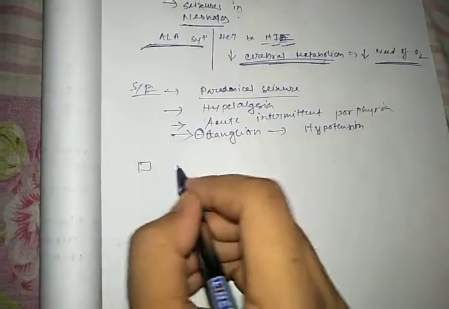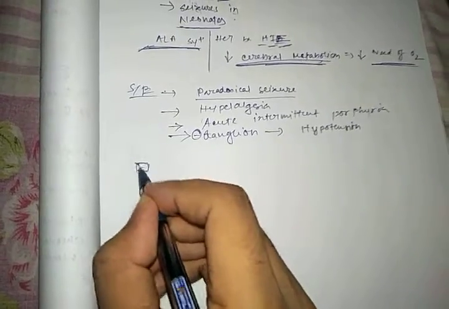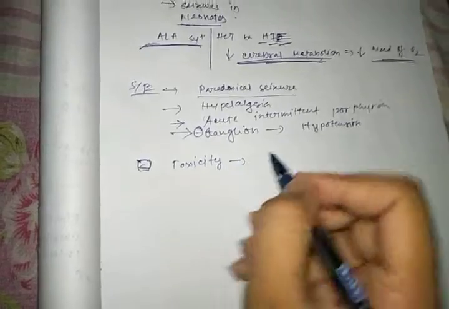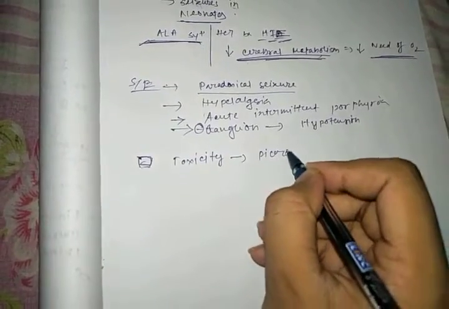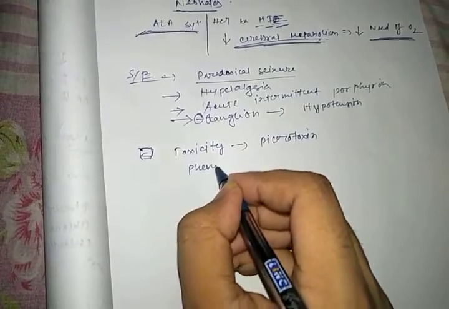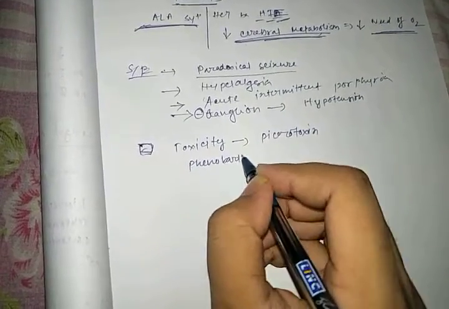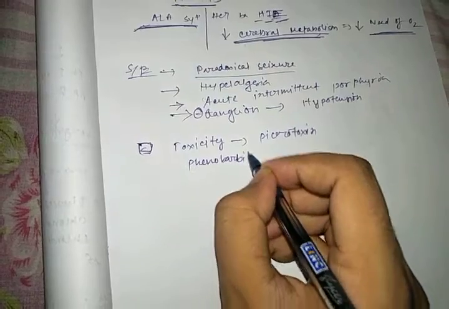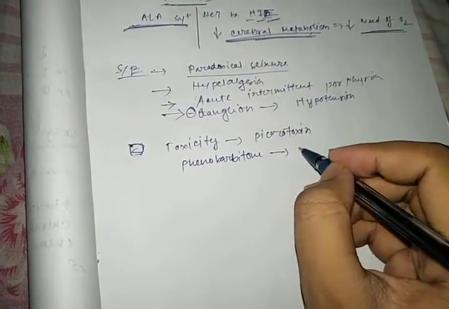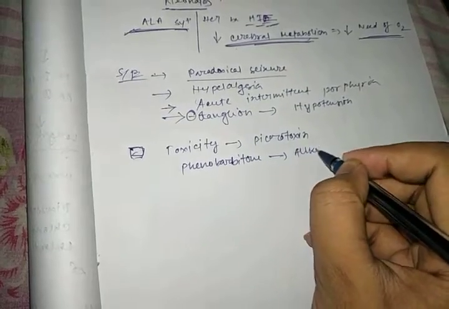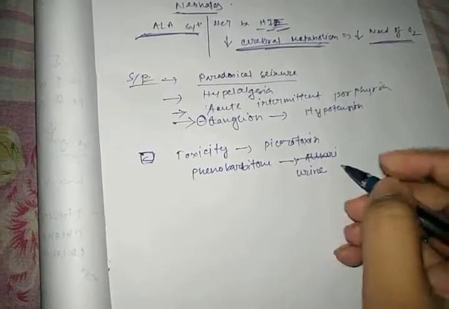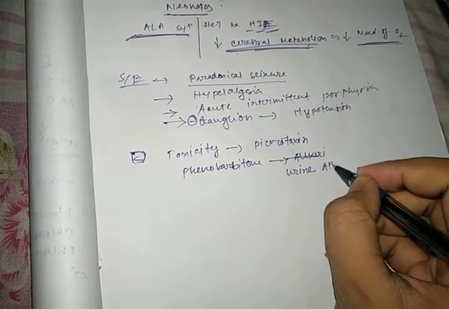Now one thing you should know is that in case of barbiturate toxicity, we can use picrotoxin, right? And as phenobarbital is basically an acid, we can give alkali. I mean, we should go for urine alkalinization.